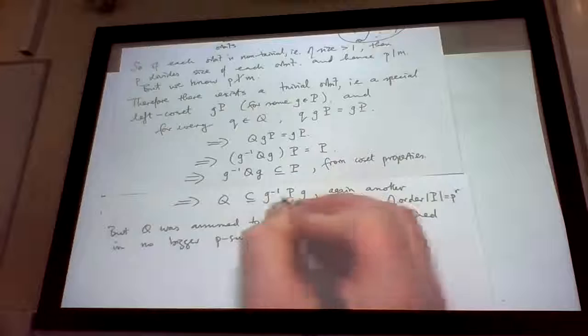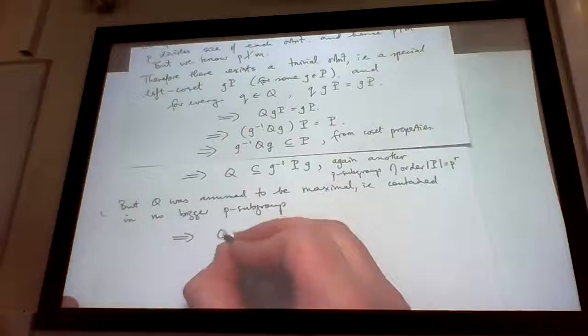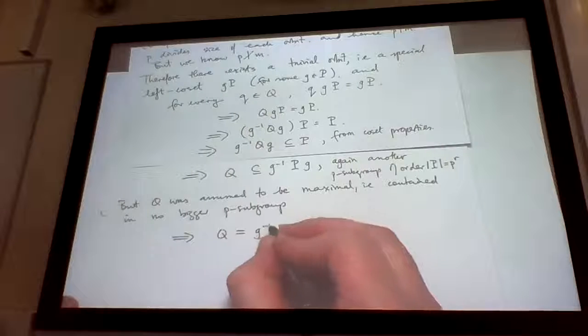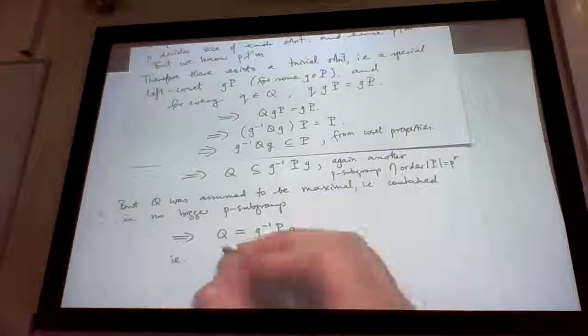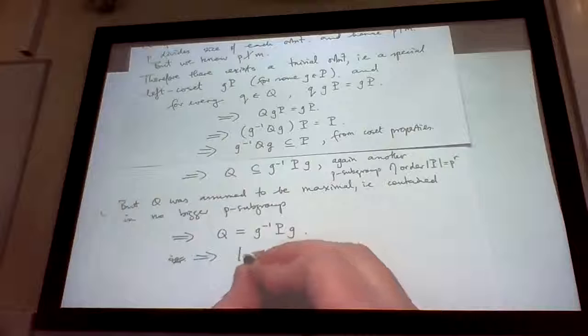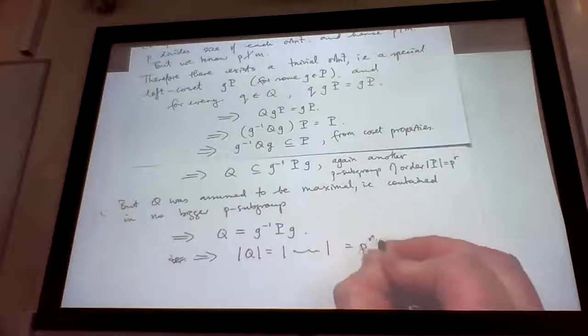But we're looking at it contained in a potentially bigger one, so the only way to resolve all this is if Q is equal to this. Okay. So therefore, as a consequence of that, the size of Q is equal to the size of this, which is p to the r.